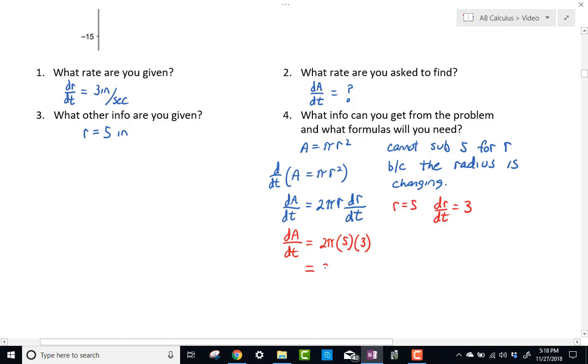And so my rate of change of area is, what do we got here? 30 pi, and our units are in inches again, so this would be area in inches squared, and our time was in seconds.